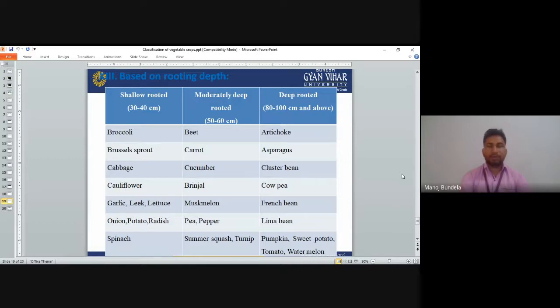Deep rooted crops, 80 to 100 centimeters, are artichoke, asparagus, cluster bean, cowpea, French bean, lima bean, pumpkin, sweet potato, tomato, and watermelon.